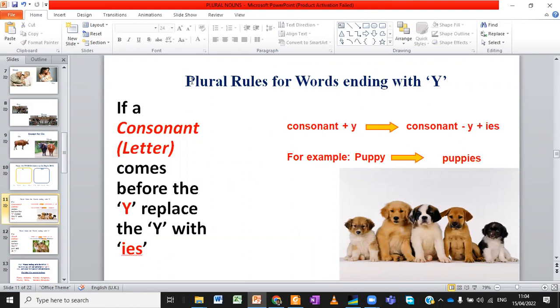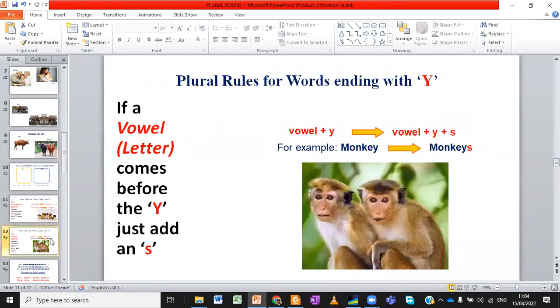For words ending with Y, you form the plural by adding IES only if a consonant letter comes before the Y. Now, if you look at this, puppy, the P here is a consonant letter and sound. So you can easily change it to puppies.